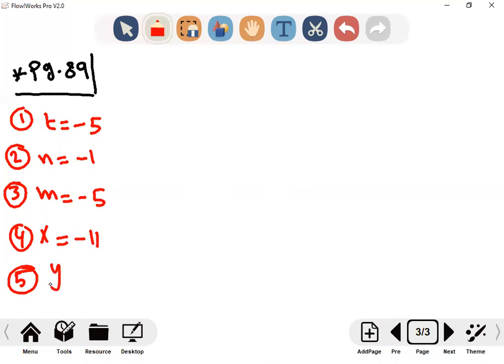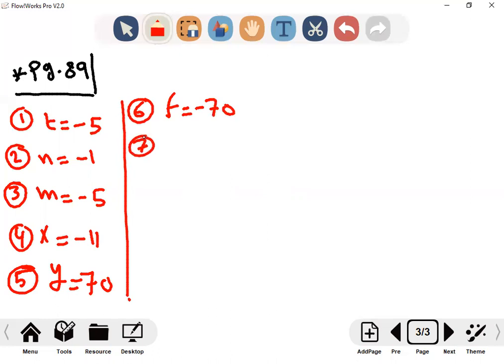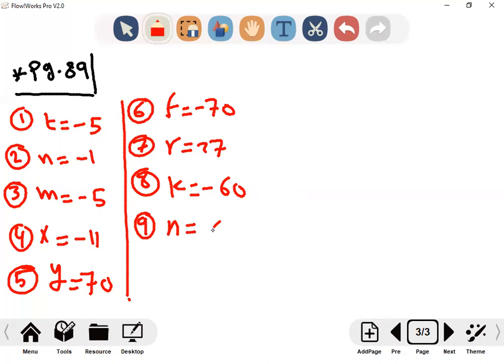Y equals 7. 6. F equals negative 7. 7. R equals 27. 8. K equals negative 6. 9. N equals 16.